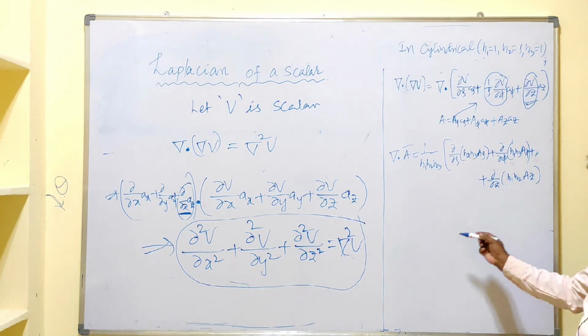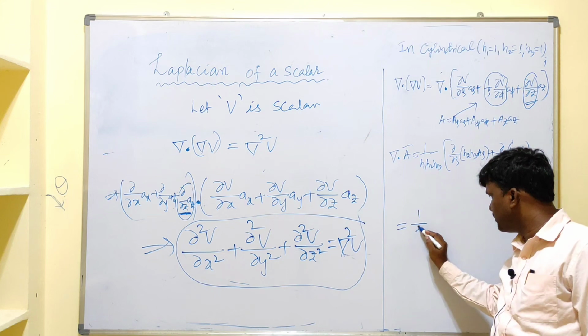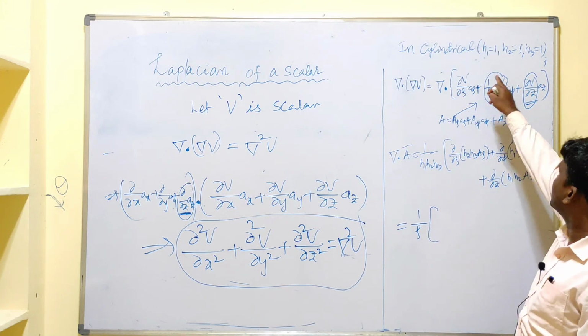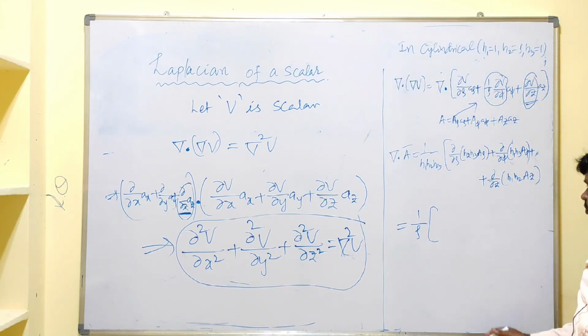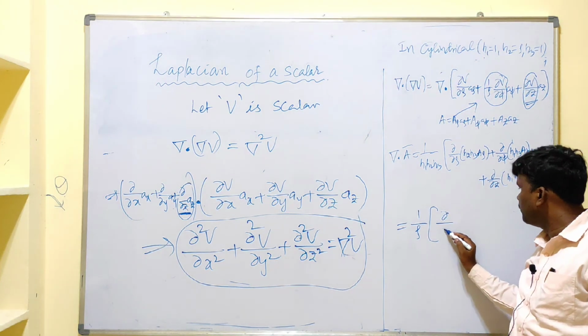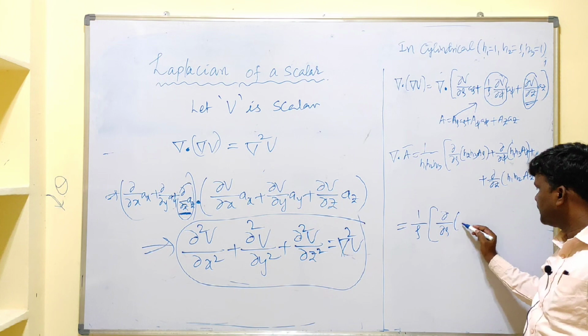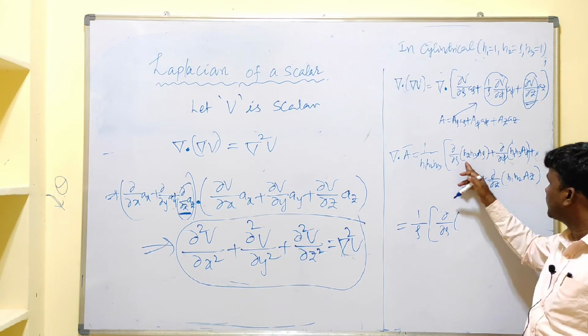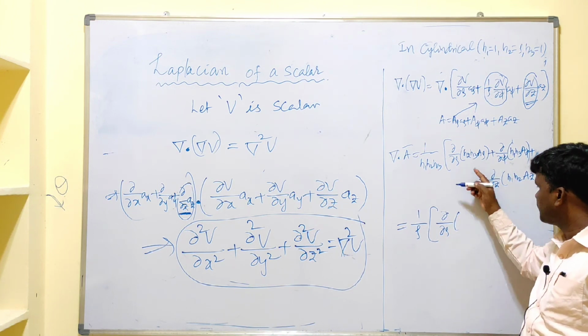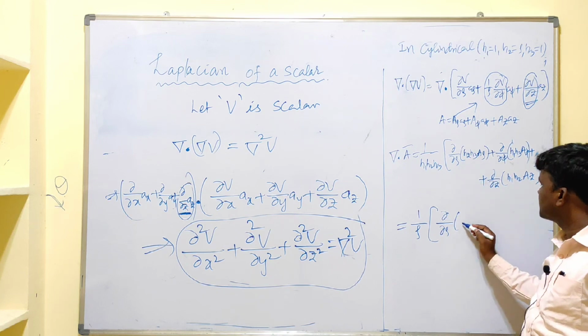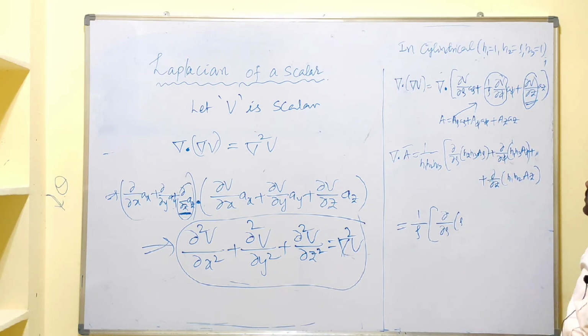Now substitute in this one, you will get what? 1 by h1 h2 h3, means 1 by rho, that is 1 into rho into 1, ∂/∂rho. Here h2 h3, h2 is rho, h3 is 1, that is rho. And what about A rho?